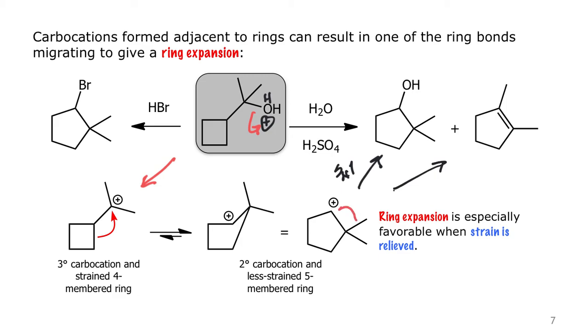We can get a methyl shift in this compound, producing a tertiary carbocation, and that tertiary carbocation can be deprotonated to give that alkene. So as an exercise for you, I'd like you to draw out the mechanism of these two processes, starting with this carbocation in particular, this methyl shift and then deprotonation to lead to that alkene.